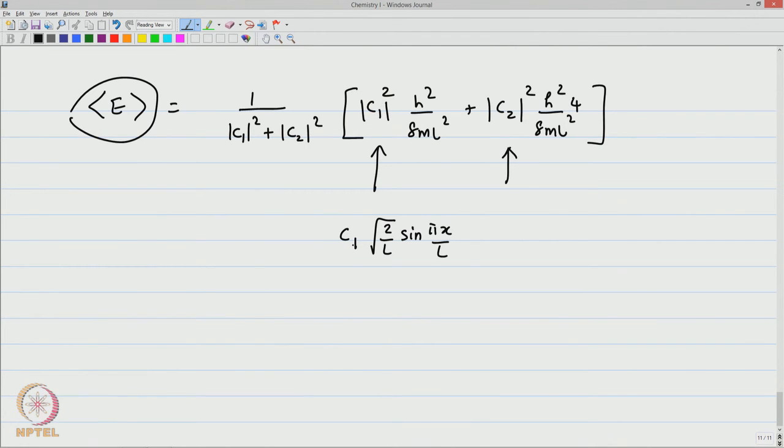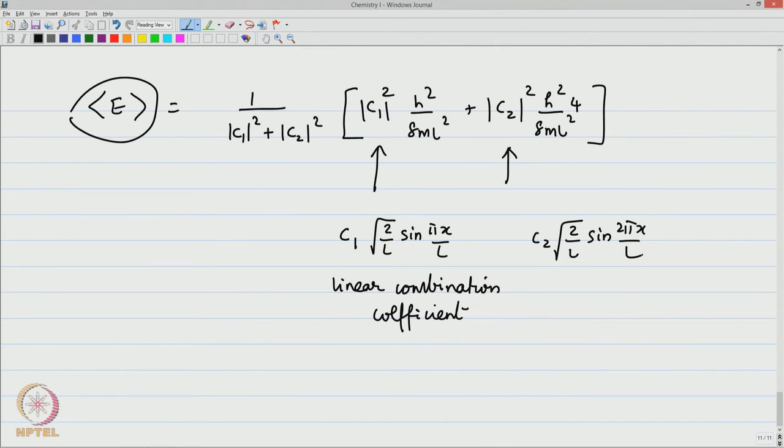The C1 is a linear combination coefficient. So, the absolute square of C1 contributes with this energy and the absolute square of C2 contributes with the corresponding energy for the wave function root 2 by L sin 2 pi x by L.